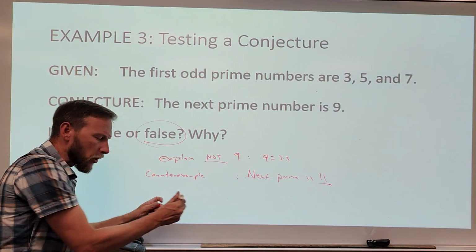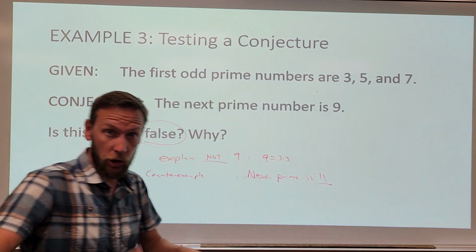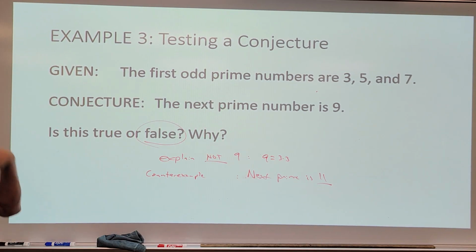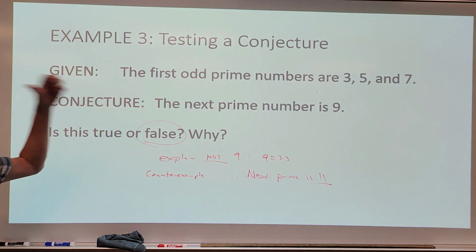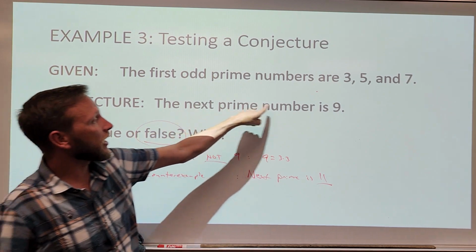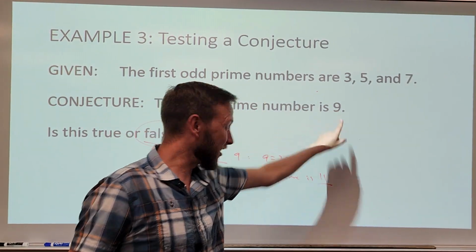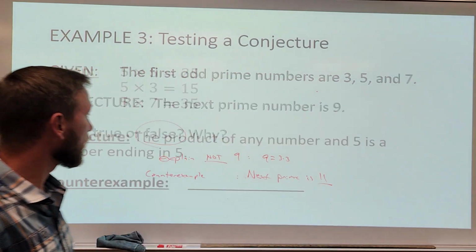Counterexamples, we're going to add a little more teeth to that as we move through this conversation in this unit. It's going to take on another level of understanding of showing that our conjecture is not true. We're still giving the next prime number, but it's not the number that we were told, right? It's the number that it actually is, 11.